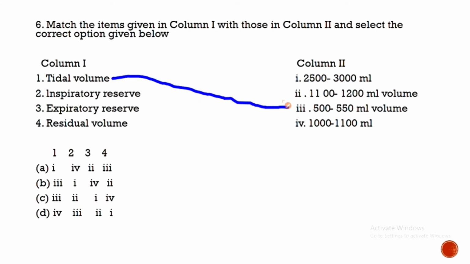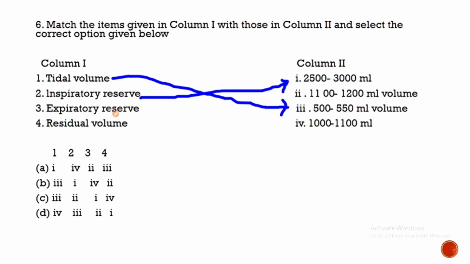Then inspiratory reserve volume is the extra amount of air that can be inspired directly after normal inspiration, and that amount is between 2500 to 3000 ml.